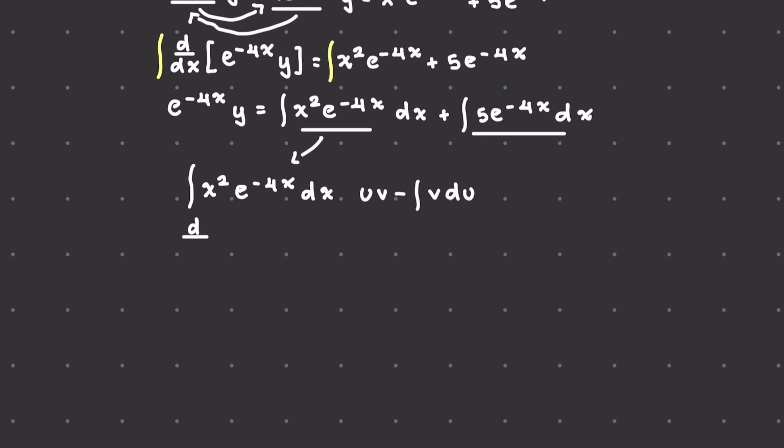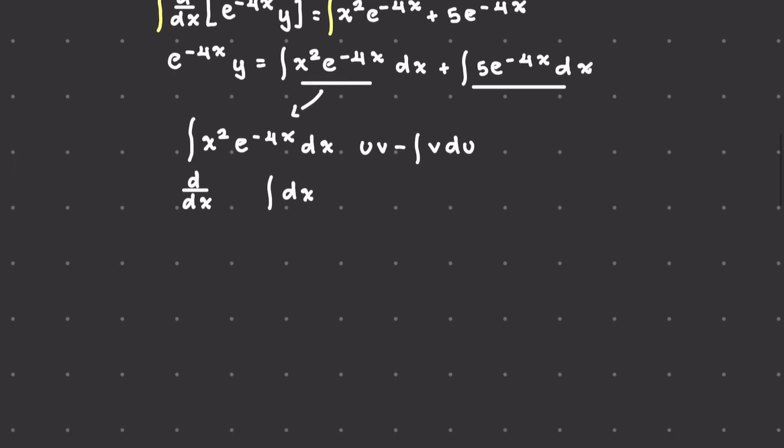So remember, we have two sides. Our left side, we're going to differentiate, and our right side, we're going to integrate. So what do we want to differentiate and what do we want to integrate? We want to differentiate the x squared here, and I'll tell you why in just a second.